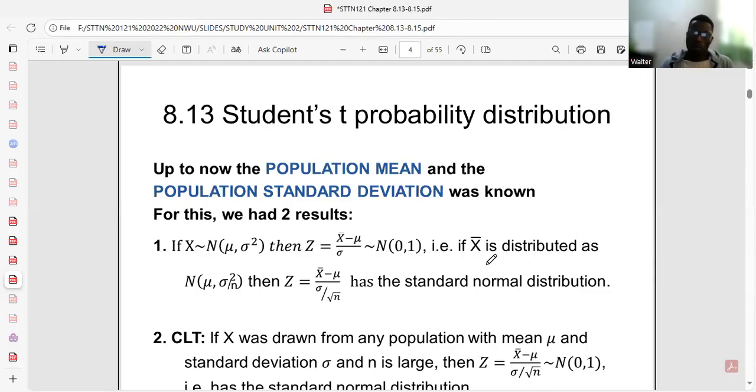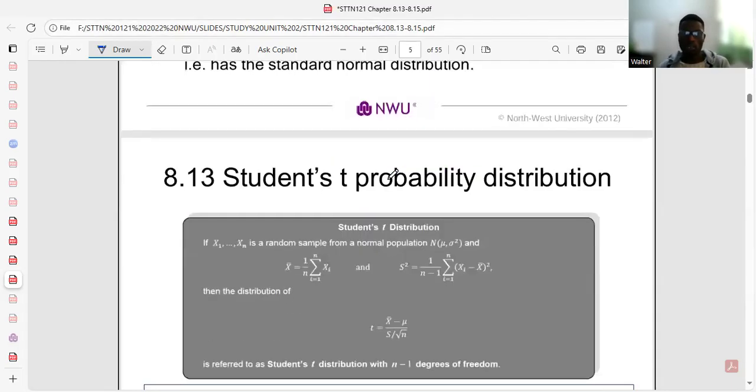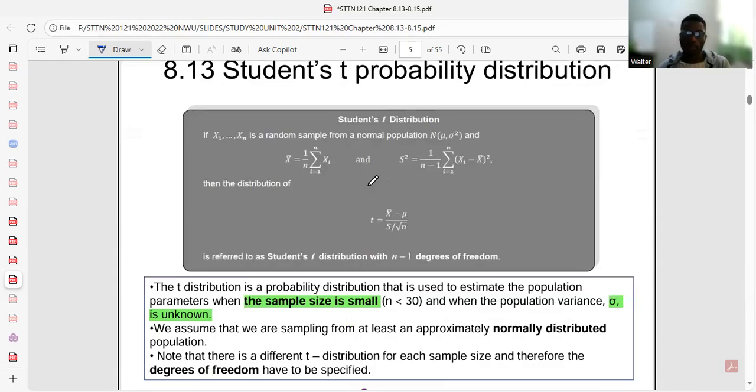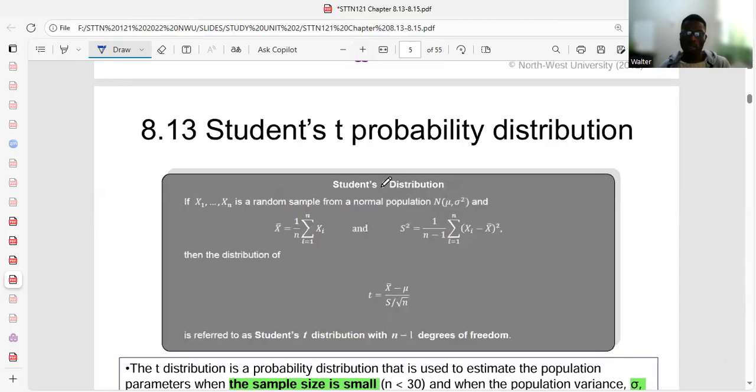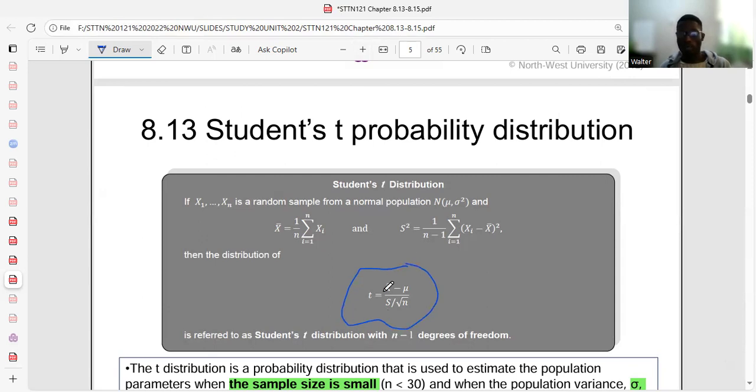They say the population mean and the population standard deviation were known. Let's go back here and check. This is the formula for the student T. T is equal to X bar, the sample mean, minus the population mean, divided by the sample standard deviation over the square root of n.